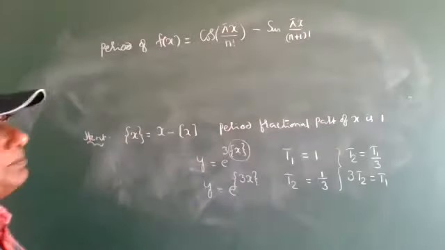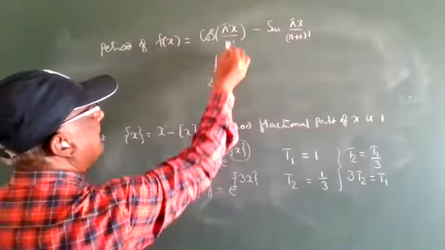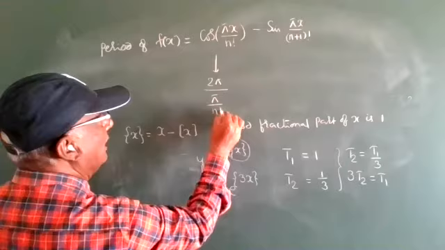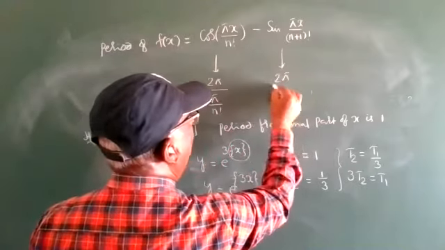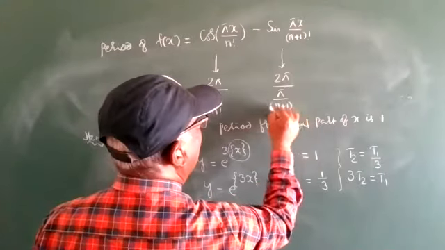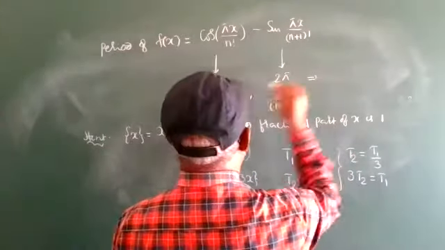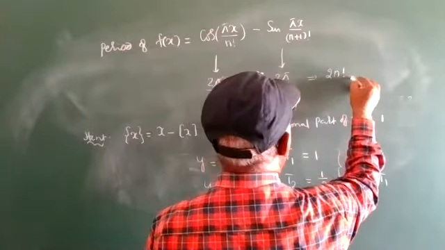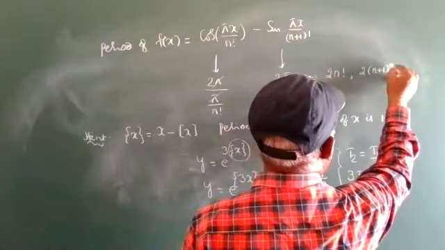Now, the period of cos is 2 pi, and its x coefficient is pi by n factorial. The period of sine is 2 pi, and its coefficient is pi by n plus 1 factorial. Now I will write: the first one, pi cancels, is 2n factorial. The second one is 2n plus 1 factorial.